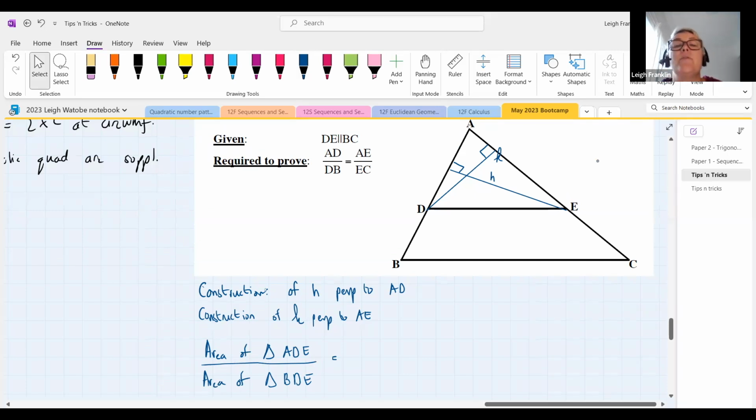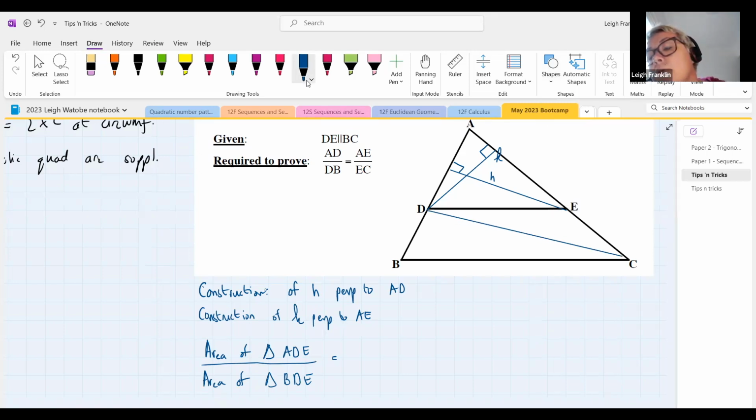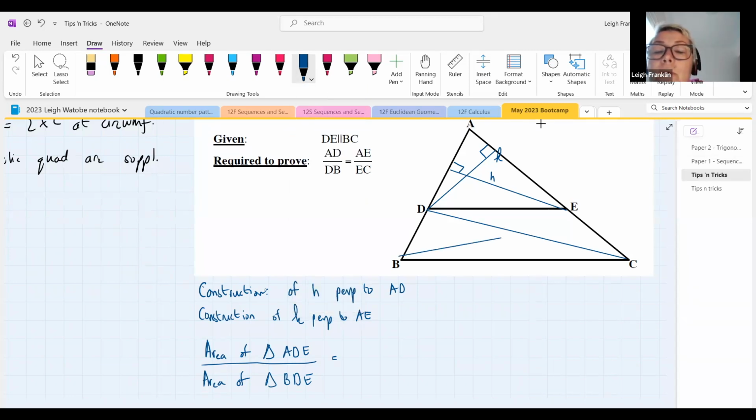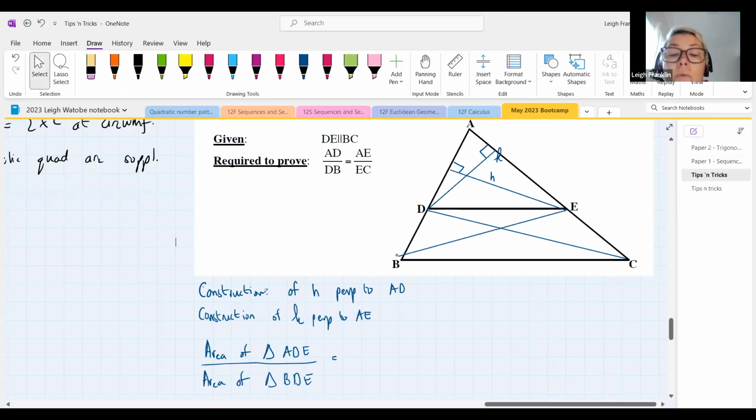BDE, oh yes, sorry, we need to do 2 more constructions. Beg your pardon. So we also need to construct a line from D to C, and we also have to construct a line from B. Let me delete that and do it again.